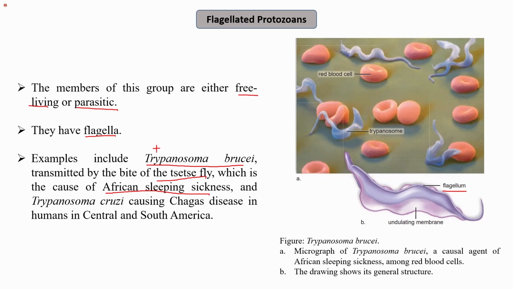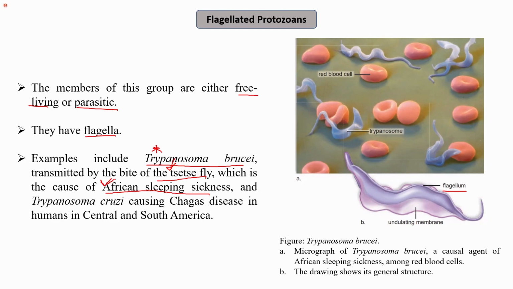Trypanosoma brucei is a protozoan that belongs to the kingdom Protista, and it is transmitted by the bite of the tsetse fly, and it is the organism that causes African sleeping sickness.